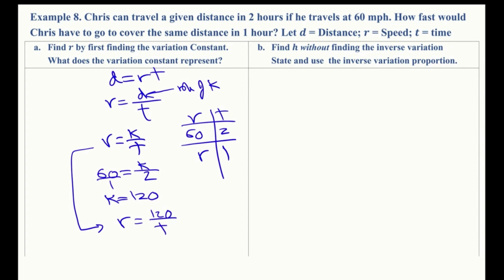So now we're going to plug in T equals 1. So we get R equals 120 over 1. So we get 120 miles per hour. So, all right, one question is, do you recommend that Chris try and cover the distance in 1 hour?